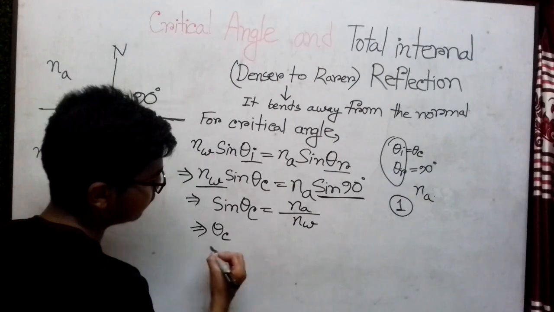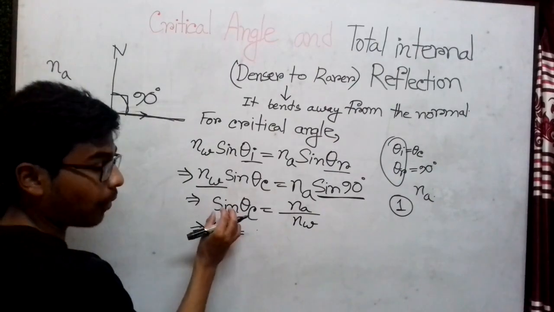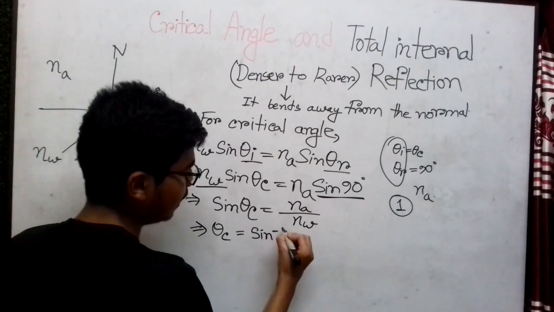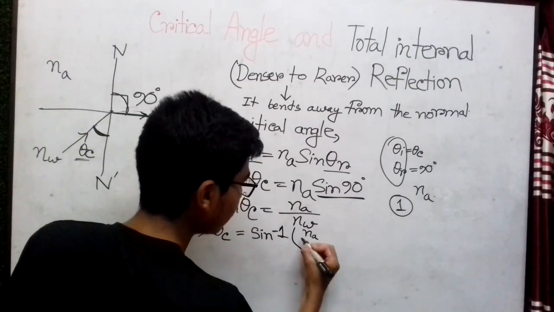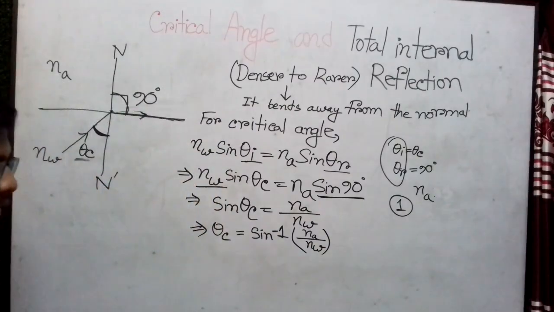Theta C equals, if we just change the sign from this side to this side, then there will be an inverse sine of 1, in brackets, multiplied by NA divided by NW.